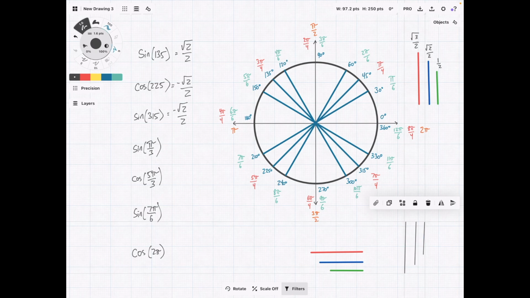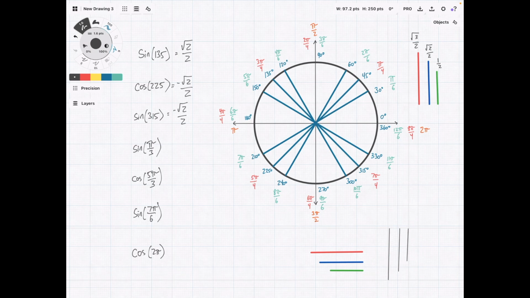Now we'll move on to the sine of pi over 3. Again, you'll need to know the unit circle in degrees and radians. You do this a bunch of times, it'll kind of come second nature. But sine of pi over 3, where does that land?